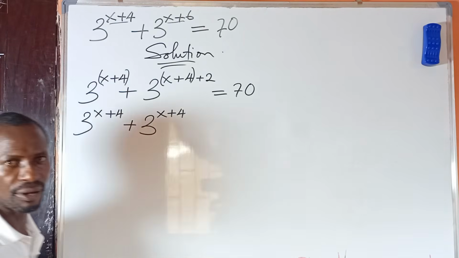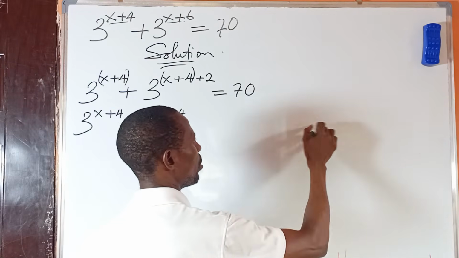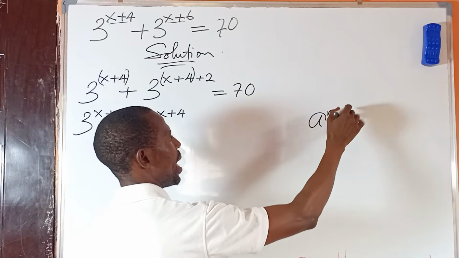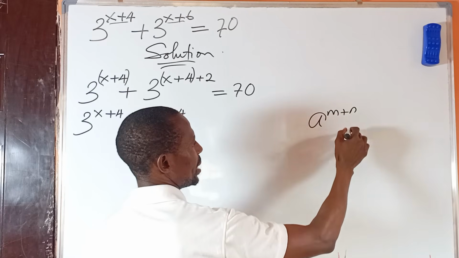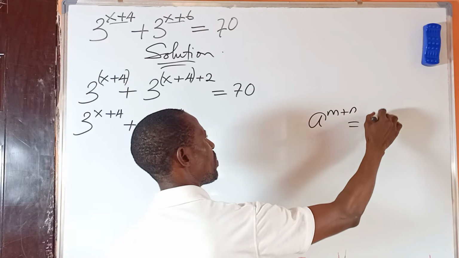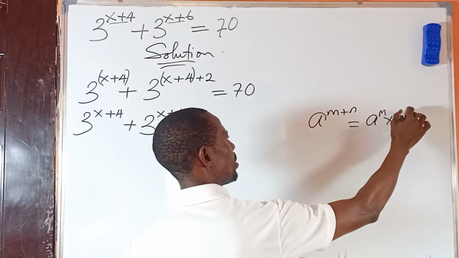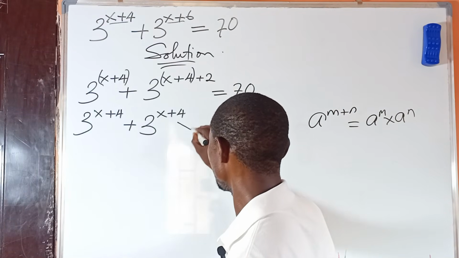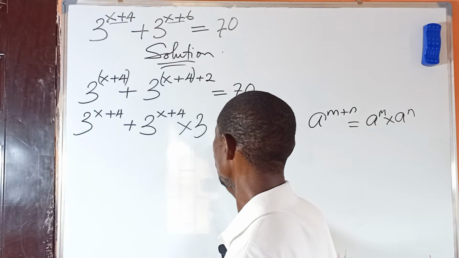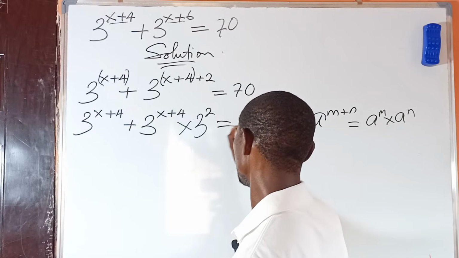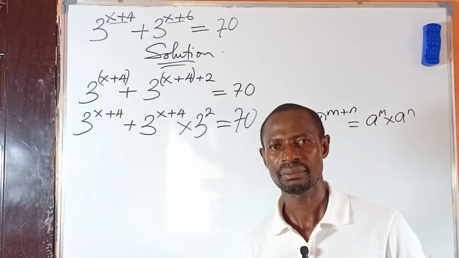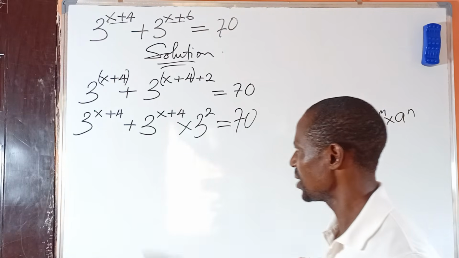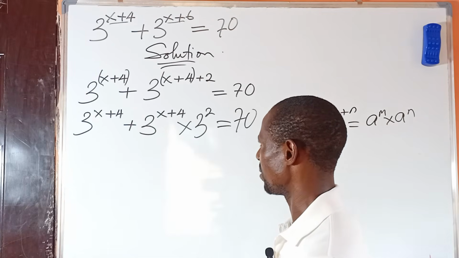Here we are applying a law of indices which says that a to the power of m plus n is equal to a to the power of m times a to the power of n. So if we apply that, we're going to have times 3 to the power of 2, everything equal to 70.